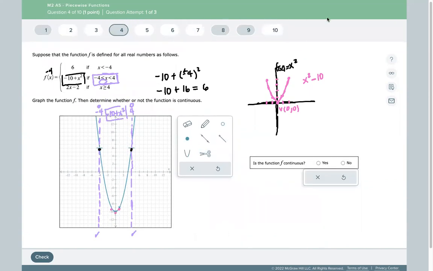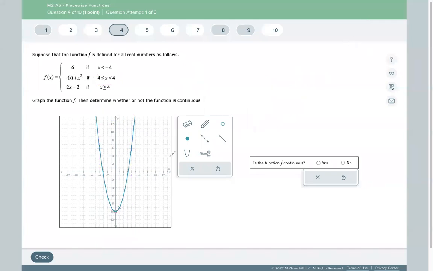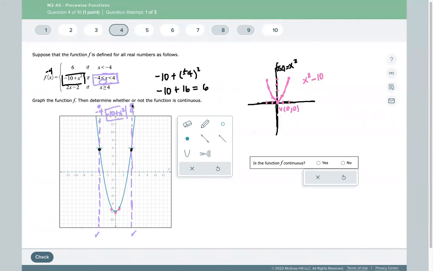I'm going to get rid of those sketches. This is where the graph needs to be cut. But if you recall, we had those boundaries, and this one needed to consider an open circle and the other one a closed dot.